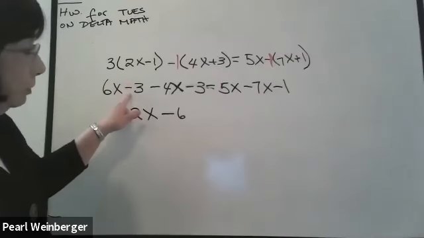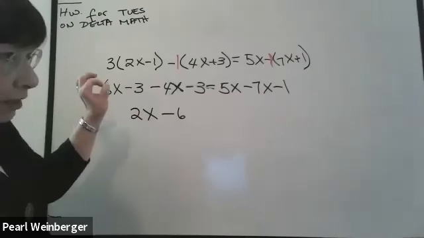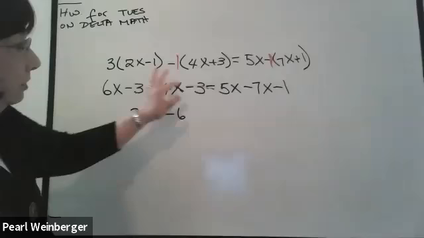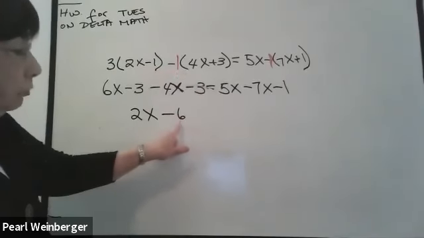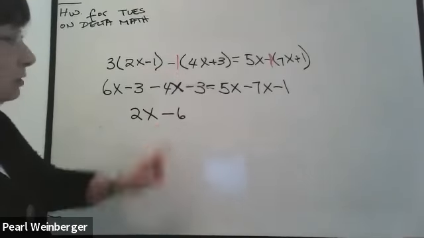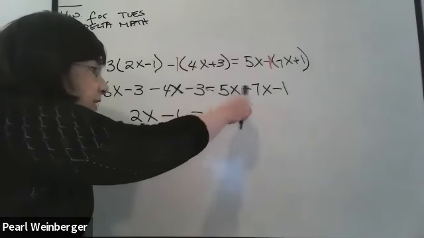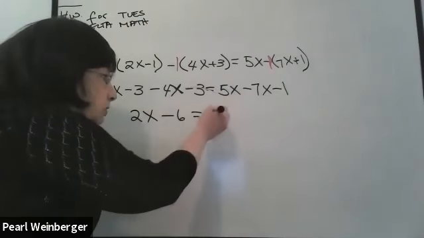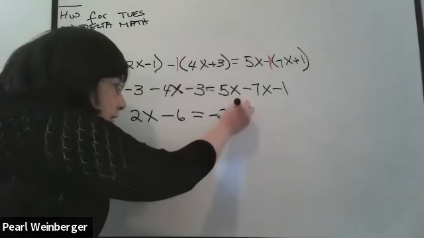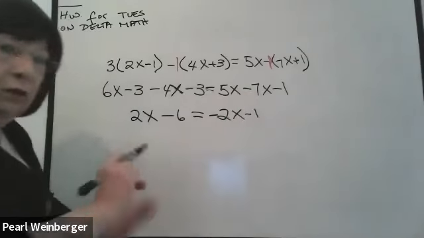Do -3 using your minus button, subtract 3, and you will get -6. And on the other side, the like terms are the 5x and the -7x, which gives me -2x minus 1. Any questions so far?